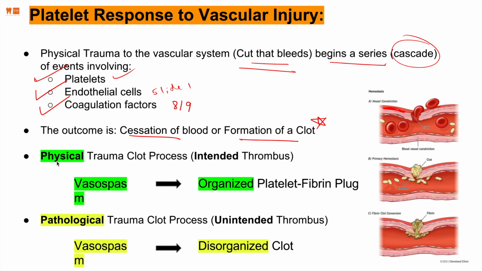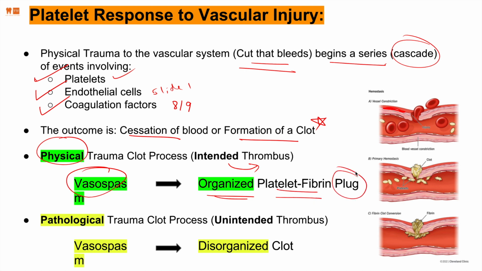So let's take a look at the flow of sequence. The physical trauma clot has intended thrombus. Whenever a body generates thrombus, it's intended. It's when vasospasms happen, then they organize into platelet and fibrin plugs. Very, very simple.